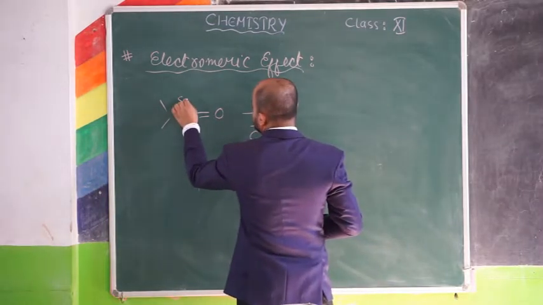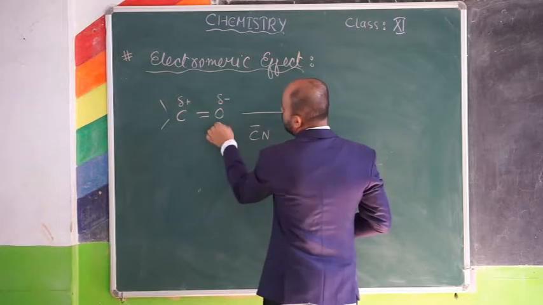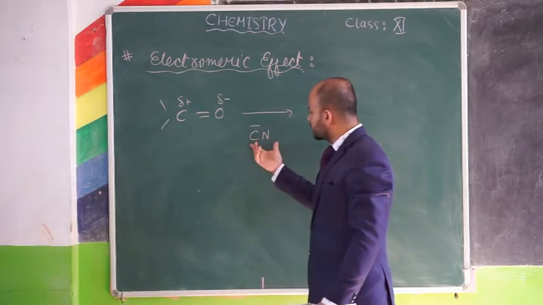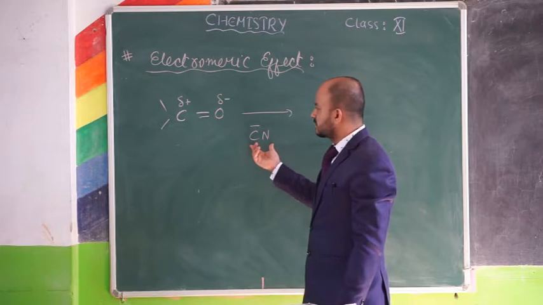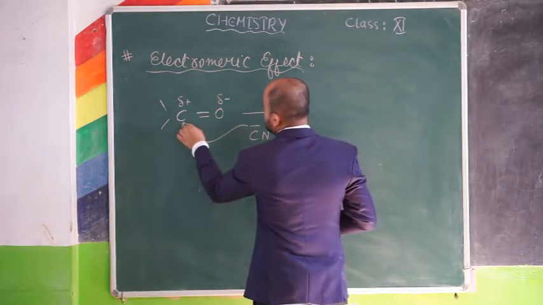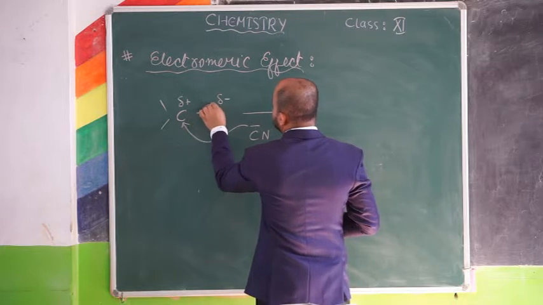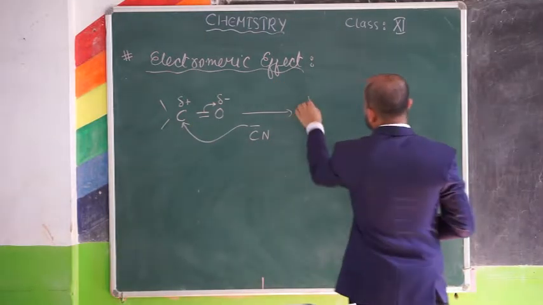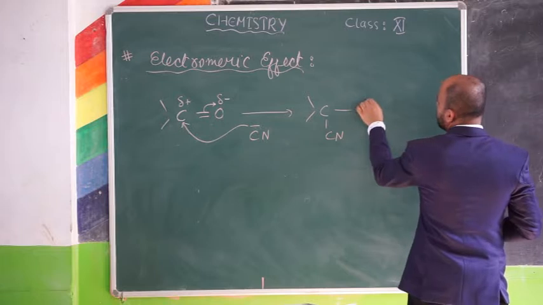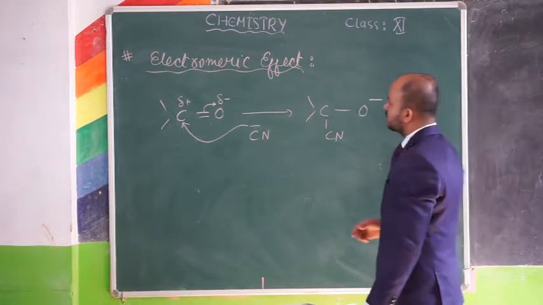Here this carbon is delta plus, and this oxygen, being more electronegative, is delta negative. Now in presence of the attacking reagent, what will happen? There is a shift of these pi electrons. This will be bonded to this, and this will be shifted this side. That means you will be having CN-C-O minus now.